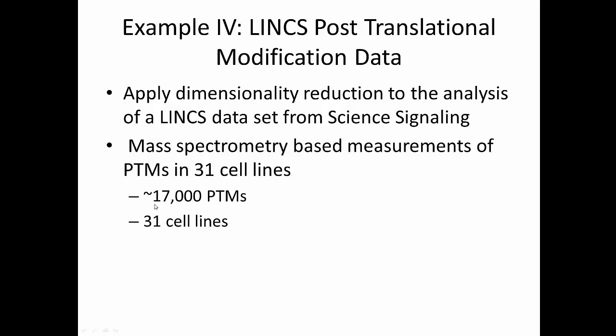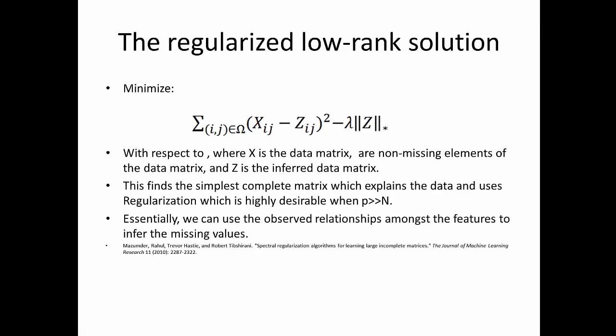So we have about 17,000 post-translational modifications that we're looking at here, and in 31 cell lines. Now, because we're using mass spectrometry in this data, we're not always able to pick out the peak, so we're getting quite a lot of missing values here.